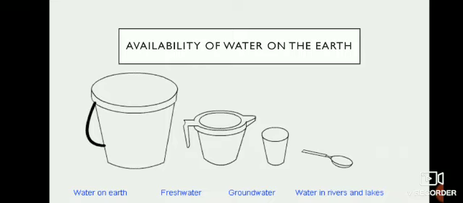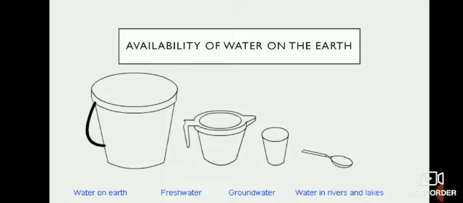This water is also not readily available for our human use. Water in the spoon represents the total amount of surface water which is available in all the rivers, lakes and ponds of the world. It can be taken as potable water. That means potable means safe to drink.